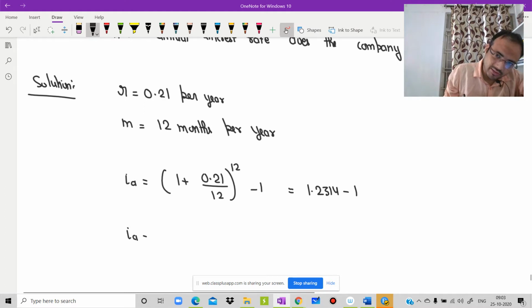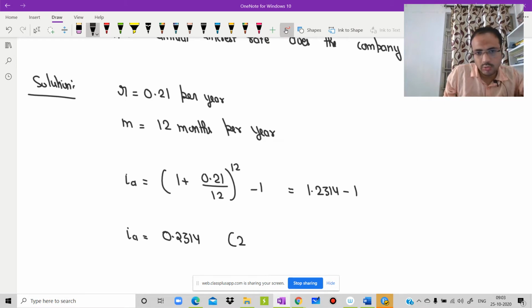So I effective is equal to 0.2314, or 23.14%.